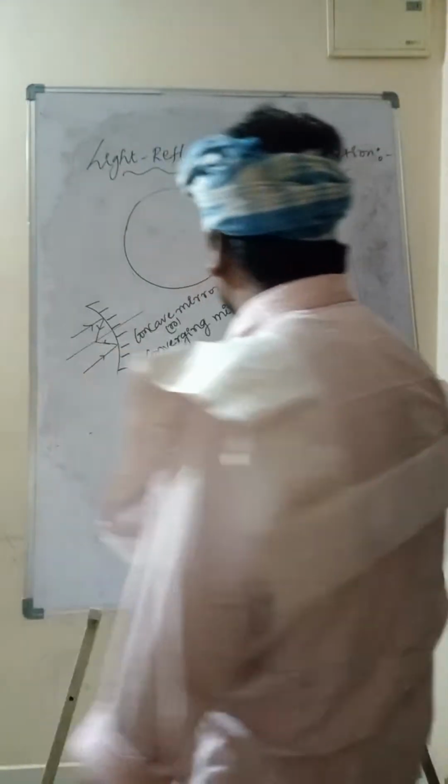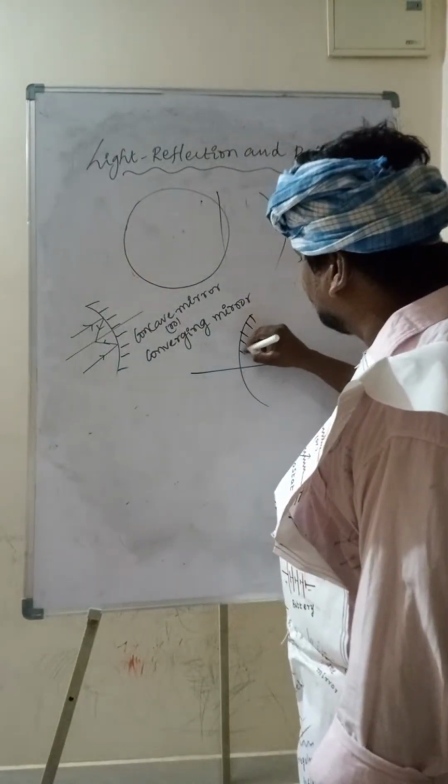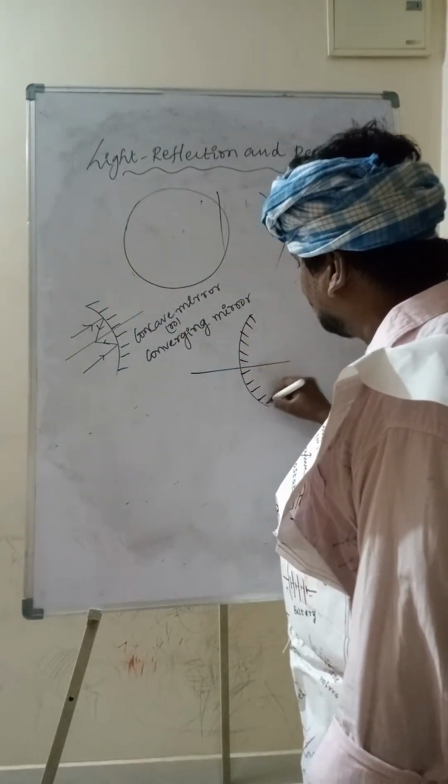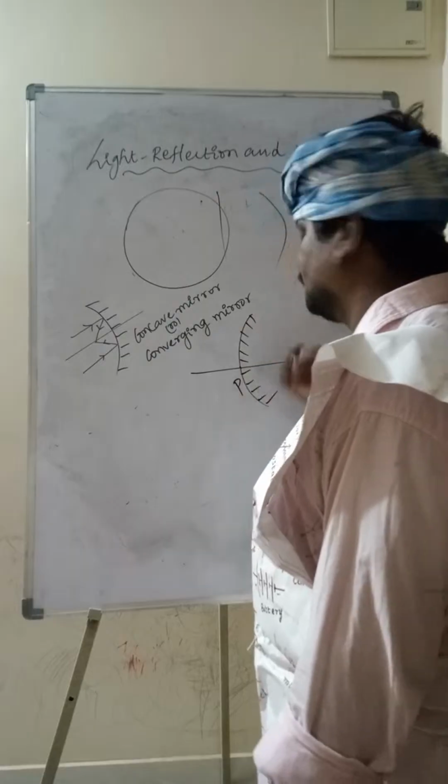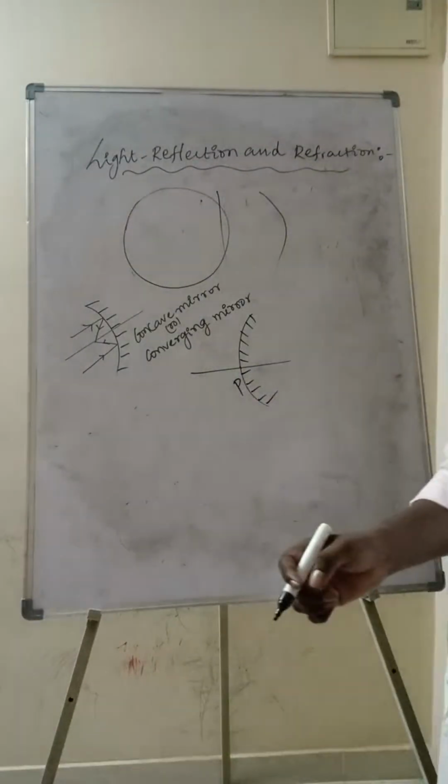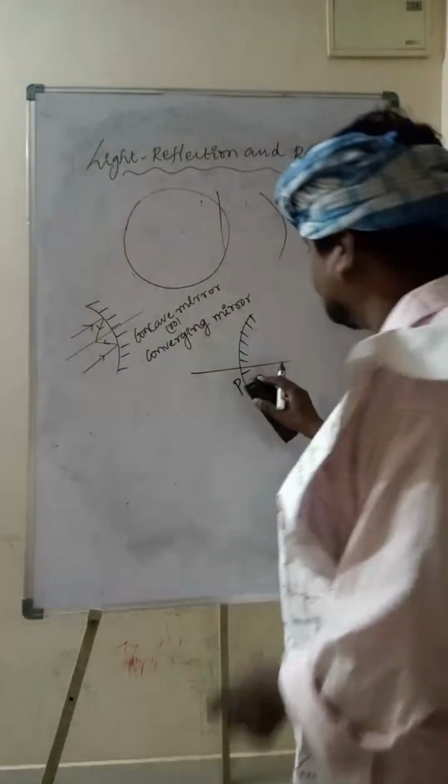So convex, if you see, this is a convex mirror. Meanwhile, you can check once.